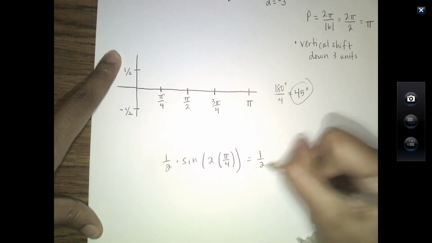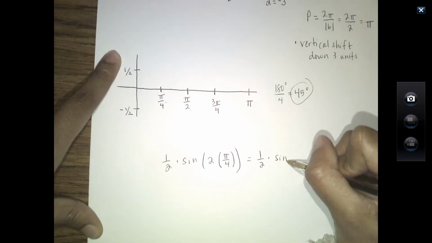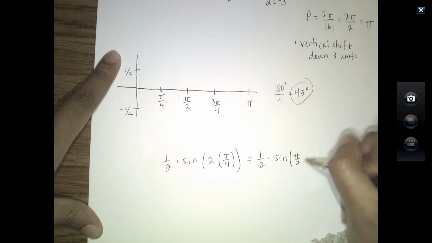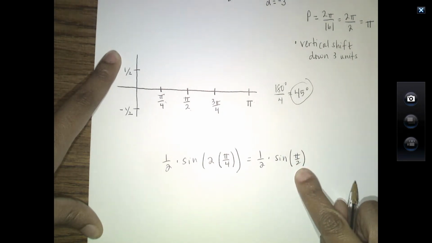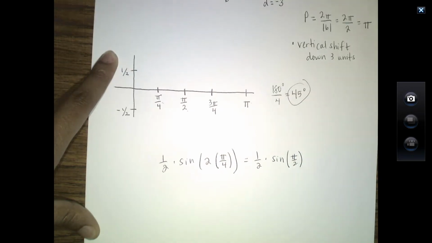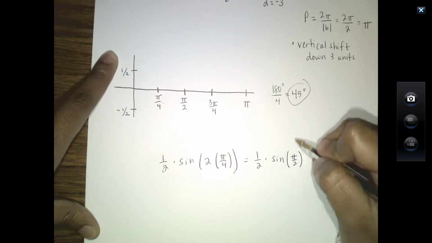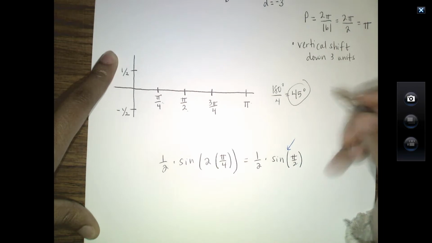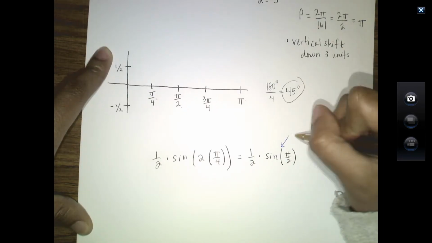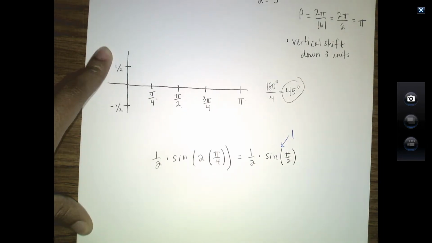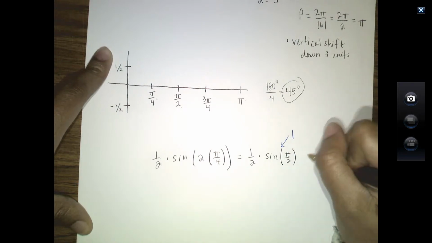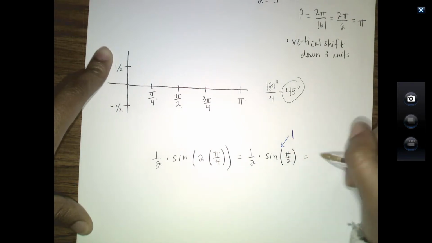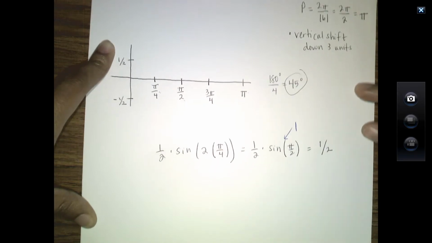So you have 1/2 times the sine of pi over 2, but there's a pi in the numerator. So what is the value of sine at 90 degrees? Well, your answer should be +1, because that's a quadrantal angle, and the sine is 1 at 0, 1. So basically now I have 1 times a half, so bam, this is a half.